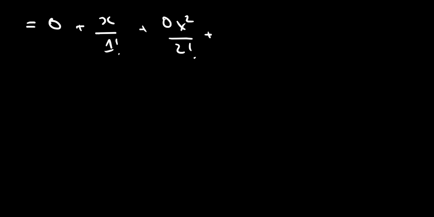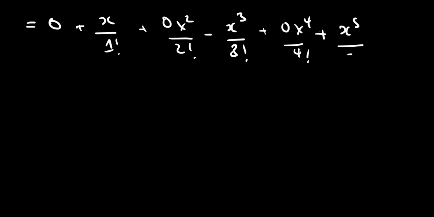The one that follows is going to be negative, of course, because you have negative 1 there, and that is x to the power 3 over 3 factorial. Then the fourth one gives you 0, so that will be 0 x to the power 4 over 4 factorial. Then the one that follows is plus 1, so that will be x to the power 5 over 5 factorial. But this continues going on like that.